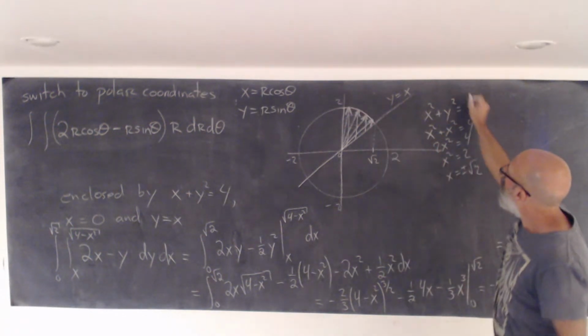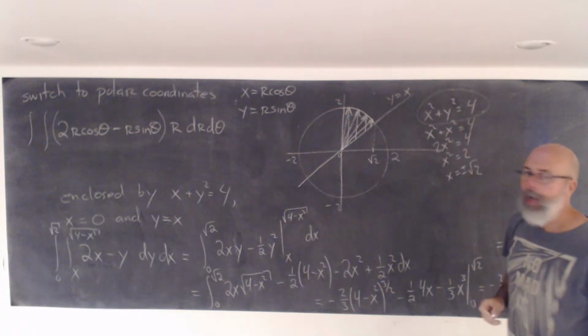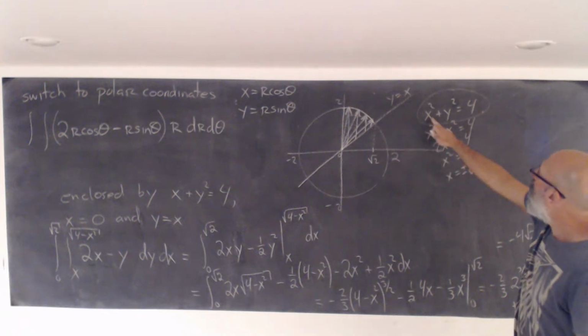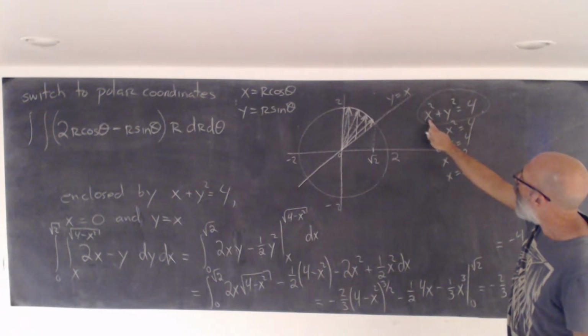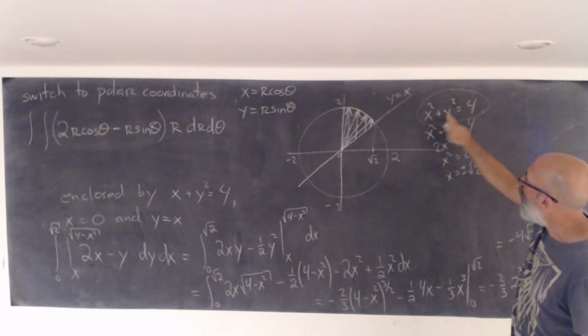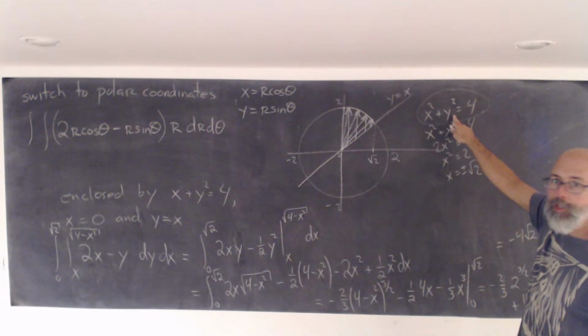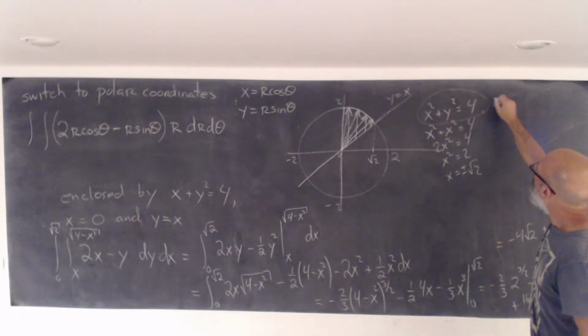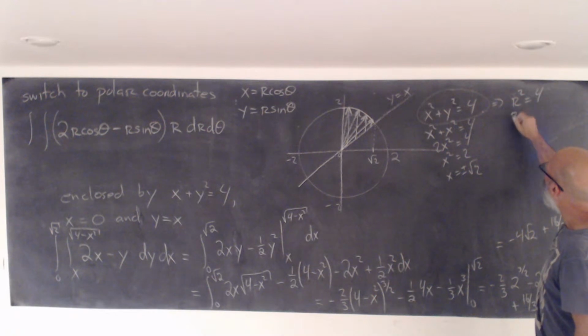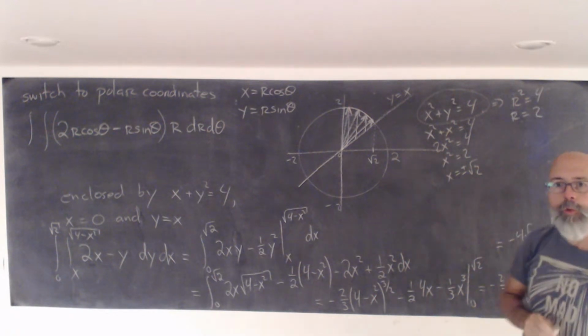The circle, which has equation x squared plus y squared equals 4. If x is r cos and y is r sine, you get r squared cos squared plus r squared sine squared, which is r squared equals 4 or r equals 2.